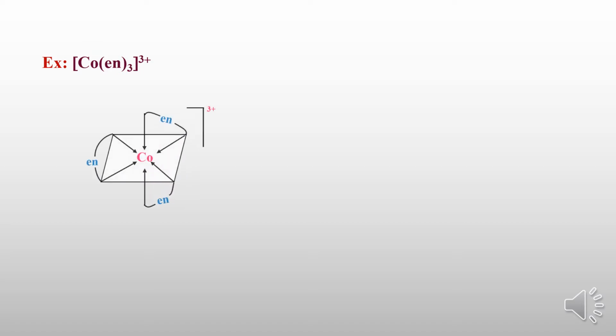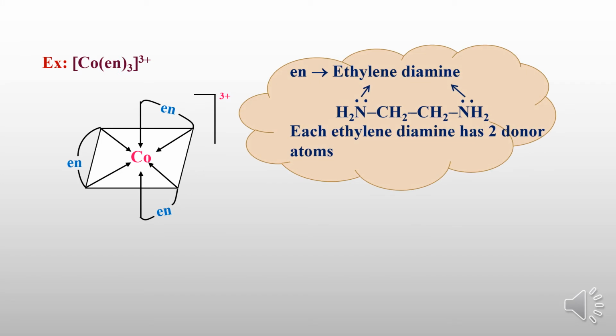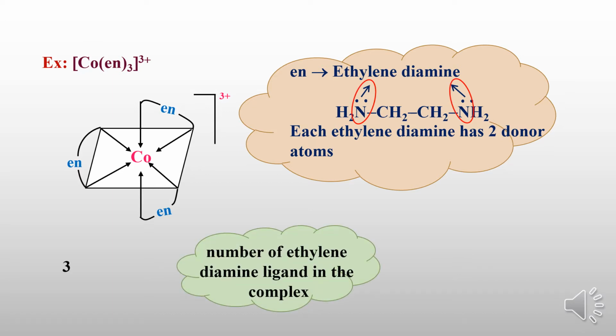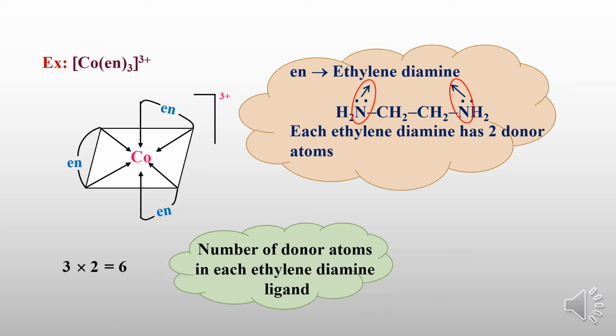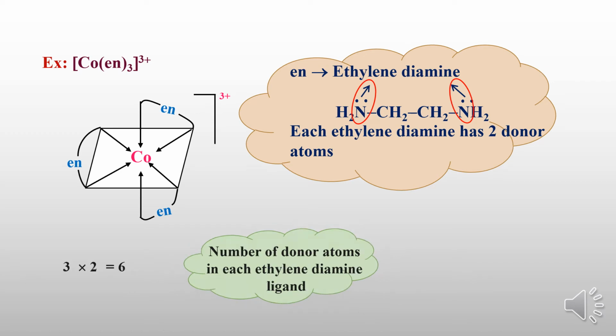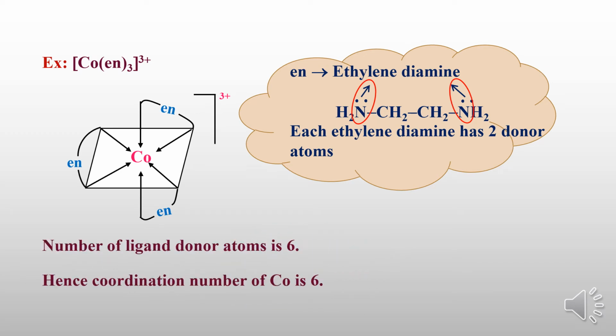Three ligands can make six bonds with the metal. Two donor atoms can make two bonds. Hence the metal is bonded with six bonds, and the coordination number is 6.